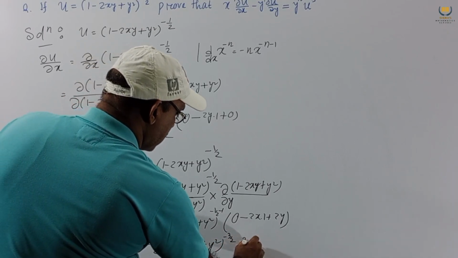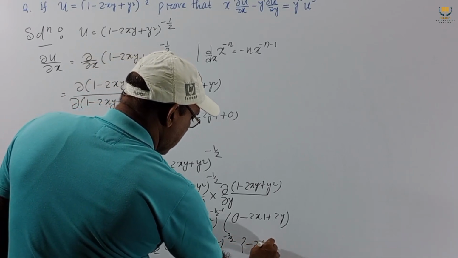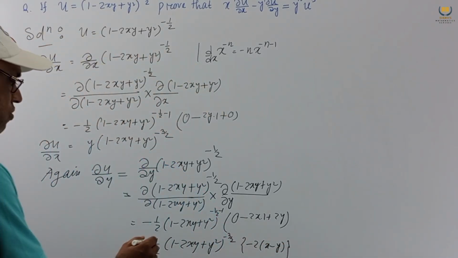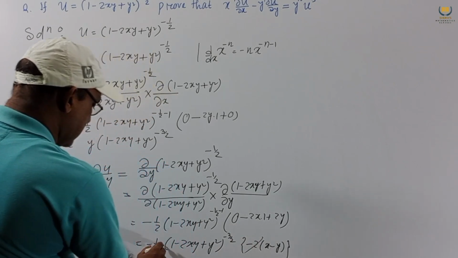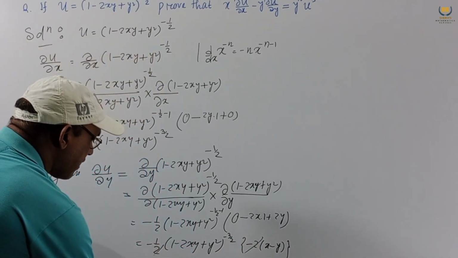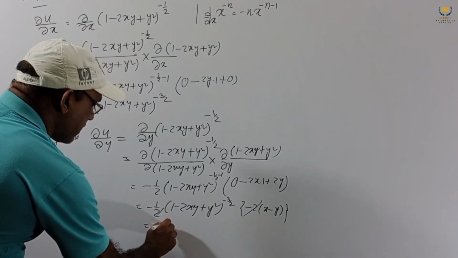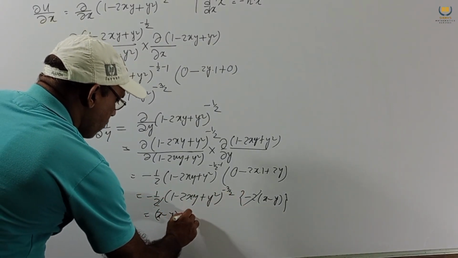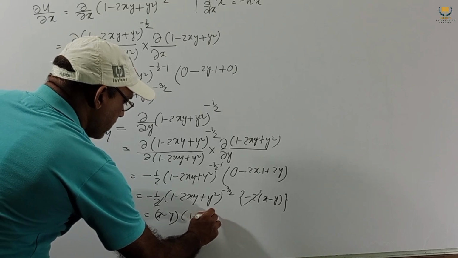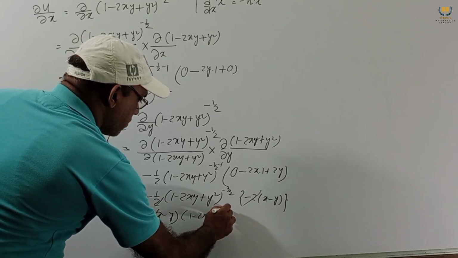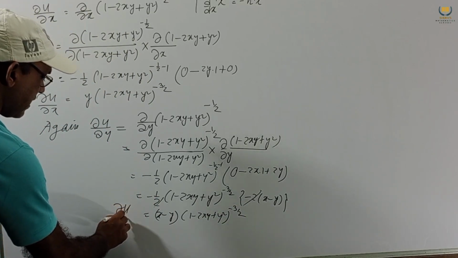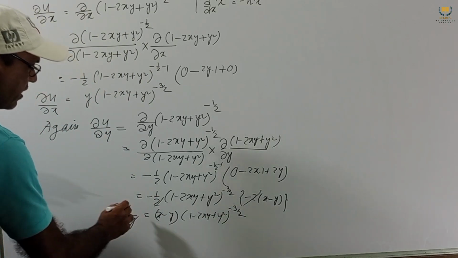From this, taking minus 2 common, we get x minus y. The minus 2 and this cancel, the minus signs also cancel, and ultimately we get (x minus y) into (1 minus 2xy plus y square) whole to the power minus 3 by 2. This is our del u del y.